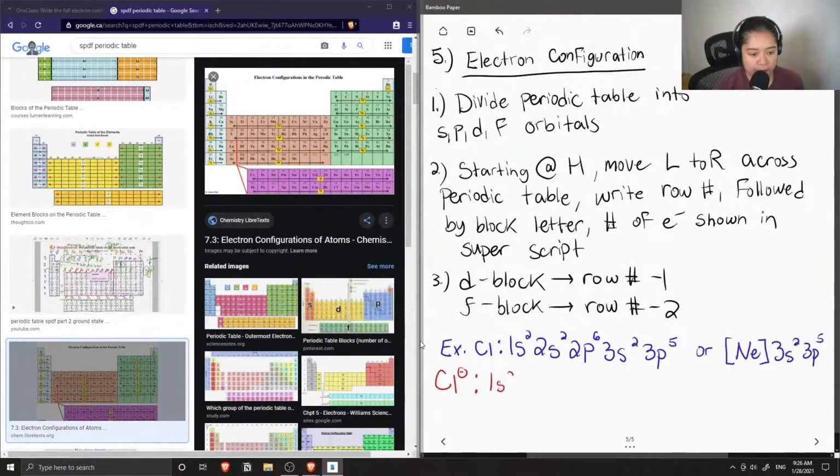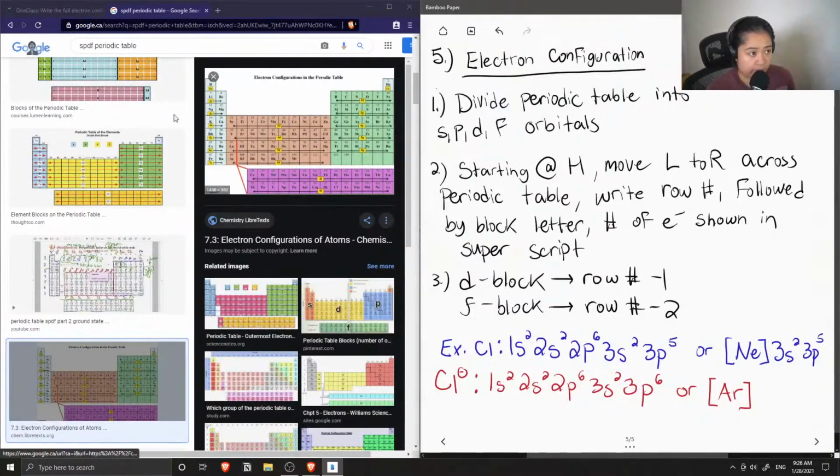The first part is the same, 1s2, 2s2, 2p6, 3s2, and once we get to 3p, it's now going to be 3p6. If we were to write the shorthand configuration, this would be the same electron configuration as argon. So now we just write argon in square brackets, and these are the two electron configurations.